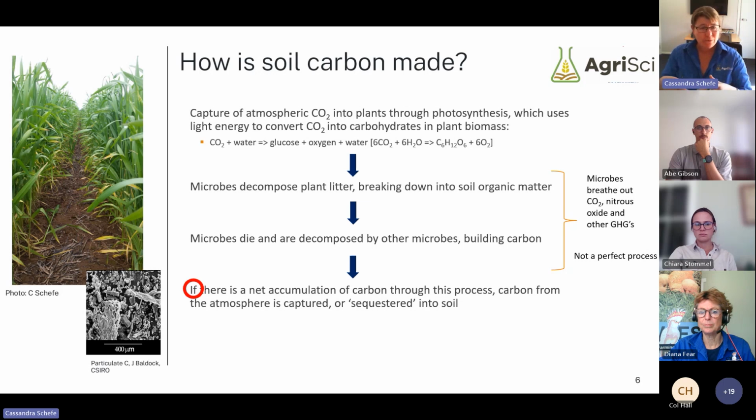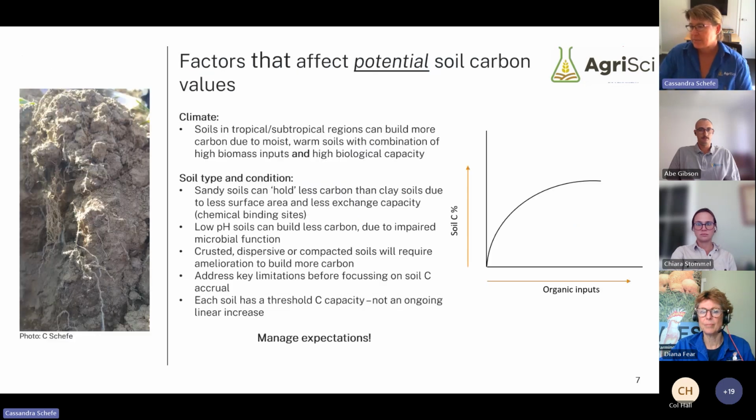So you have a healthy soil, lots of microbes, lots of respiration, lots of loss of carbon from the system through CO2. In addition, we also have nitrous oxide and other greenhouse gases being lost through this system as well. So it's really not a perfect process. But I just wanted to get this in people's minds: the key way that we bring carbon into soil is through growing plants. It's not an immediate access process.